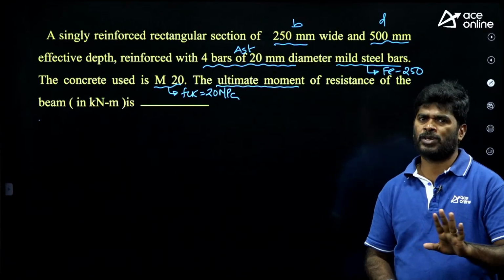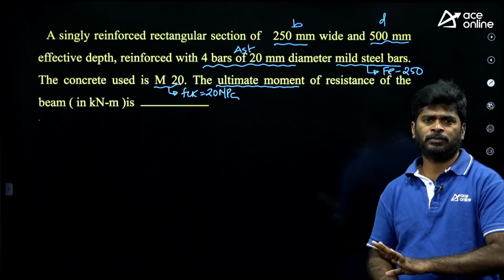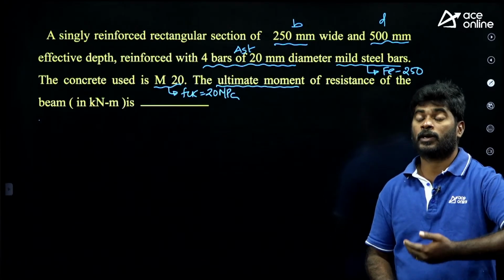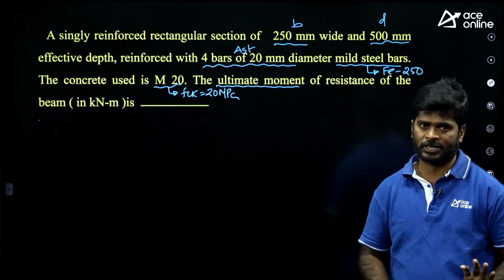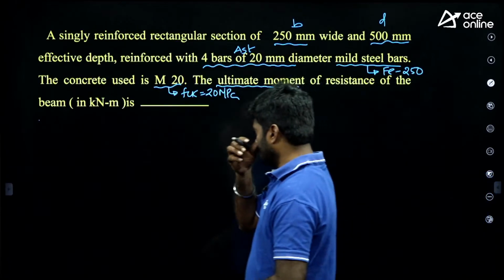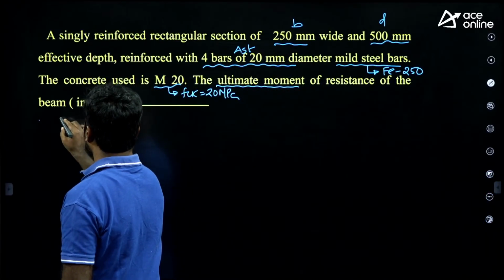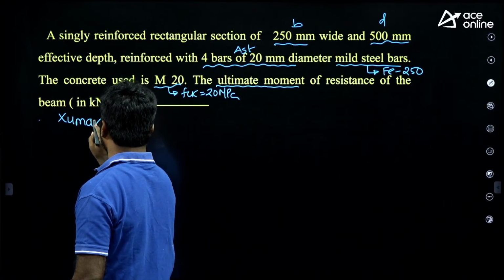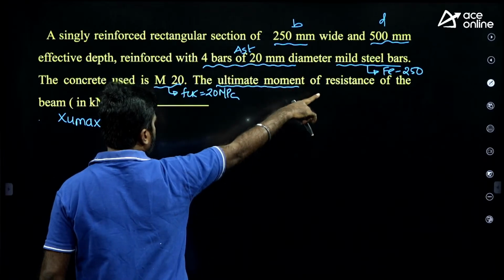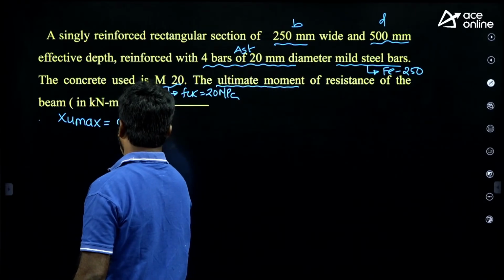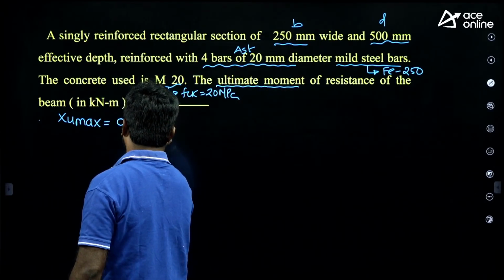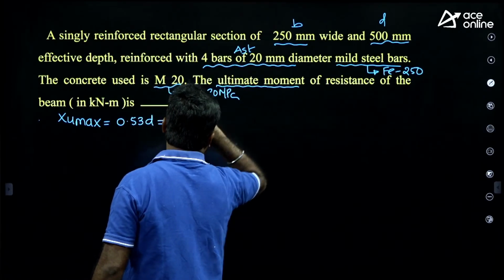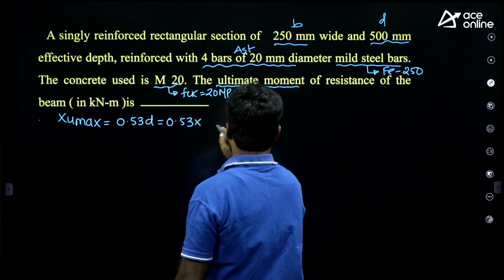Here quadratic equations will not come, so we can use Xu and Xu max for deciding the type of the section. Okay, so first step, find out limiting depth of neutral axis, Xu max. For which grade of steel? For Fe250 grade steel, it is 0.53 d. 0.53 d value, effective depth is 500.